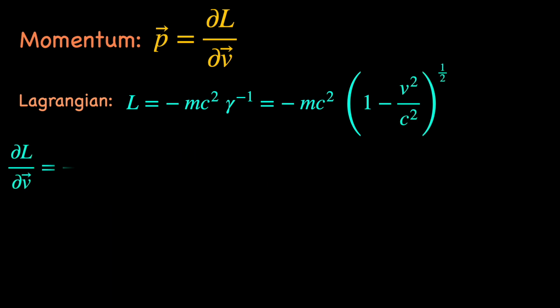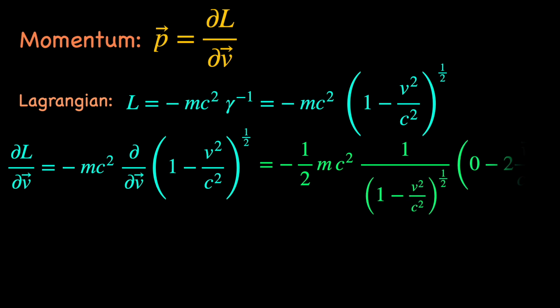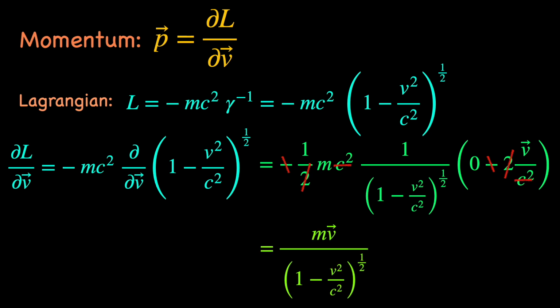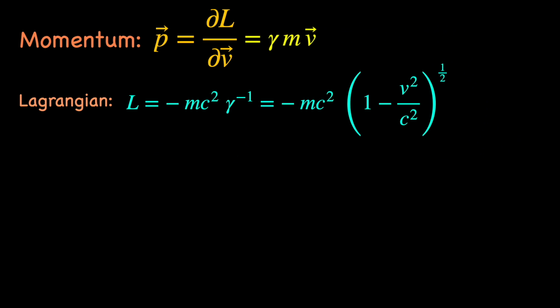So, the derivative gives us the constant minus mc squared as it is, times a half factor for the square root, then the square root itself goes to the denominator, and finally, the velocity derivative of the factor inside the square root, which is basically minus twice the v vector upon c squared. The minus signs, the factor 2, and the c squareds cancel out. 1 upon the square root term is nothing but the Lorentz factor gamma, so the relativistic momentum vector is given by gamma m times the velocity vector.